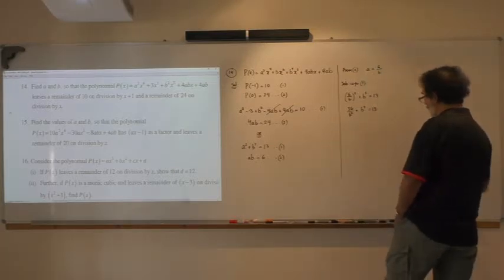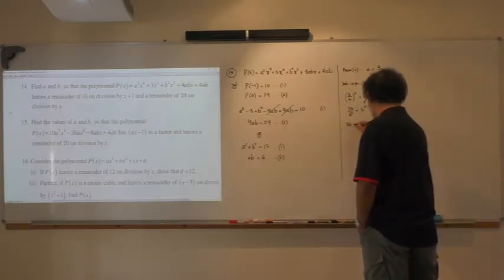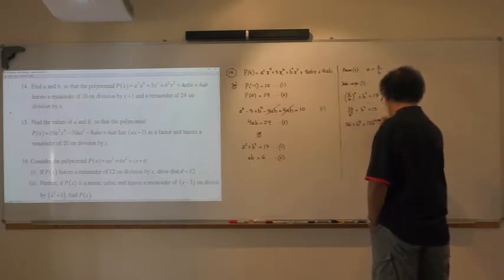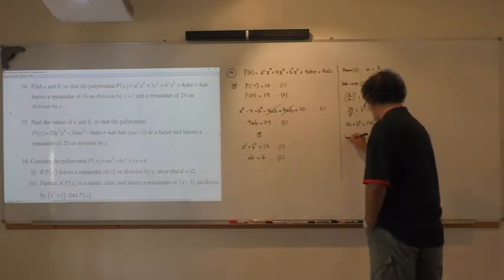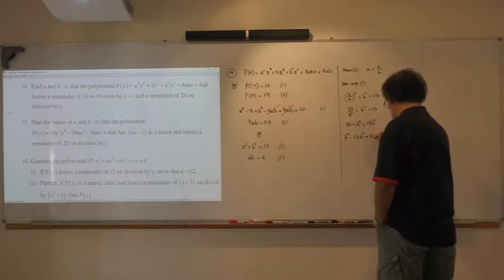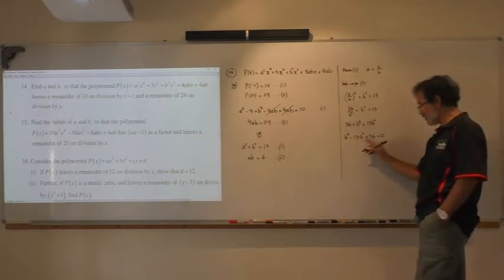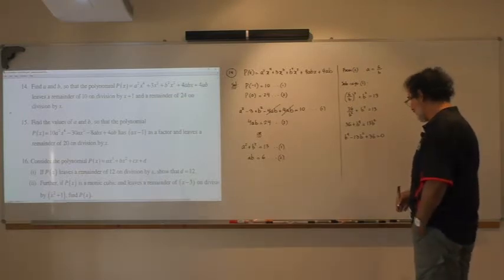And then what we need to do is to multiply by b squared. So we're going to have 36 plus b to the power of 4 is equal to 13b squared. And then I'm going to move this to the other side. So we're going to have b to the 4 minus 13b squared plus 36 is equal to 0. This is one of those typical equations in which we can treat this like a quadratic equation.